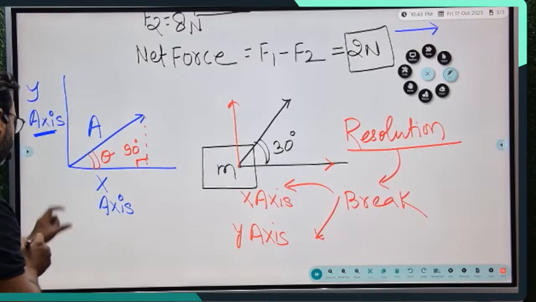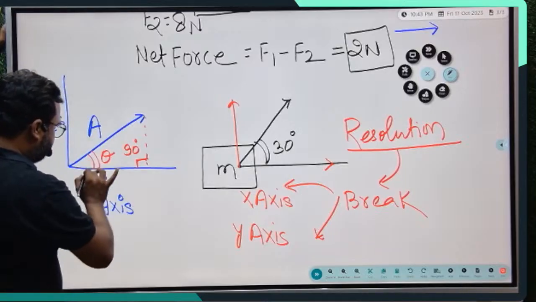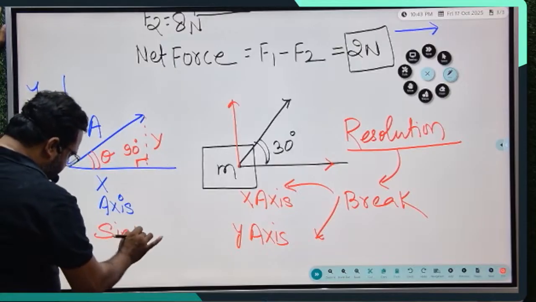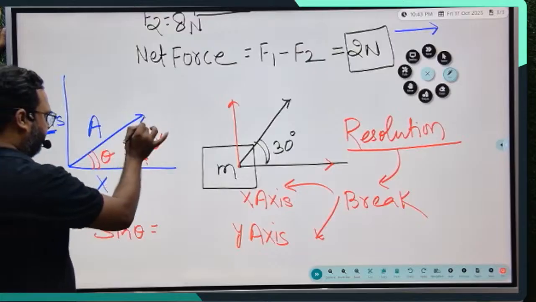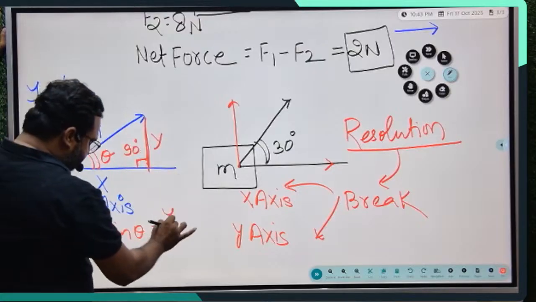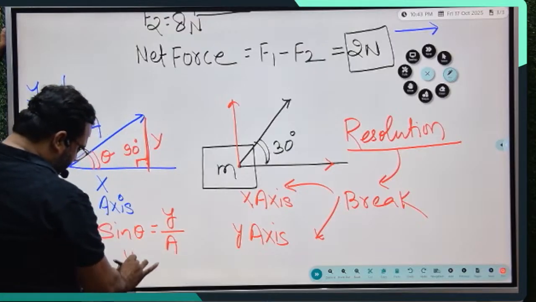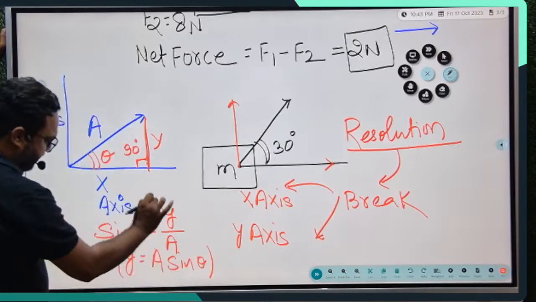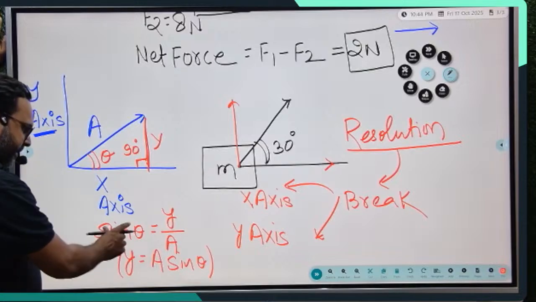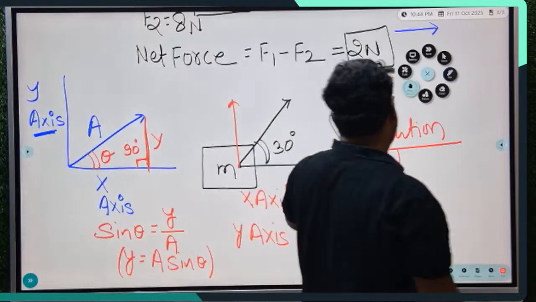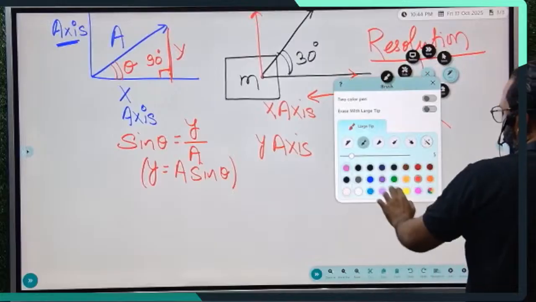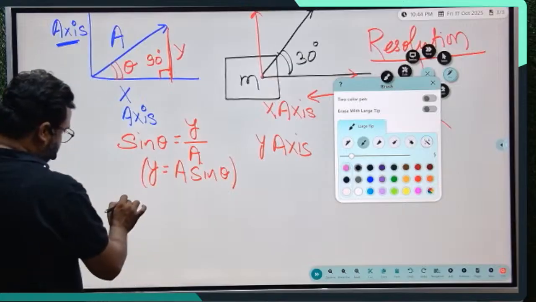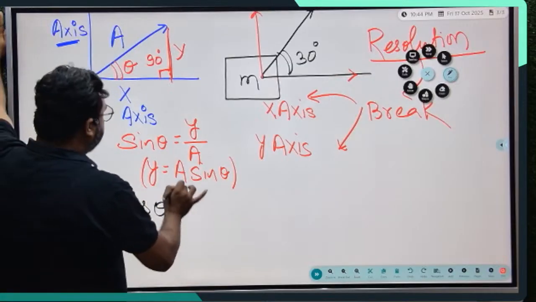Now, apply the formula. First apply sin theta. Sin theta is perpendicular over hypotenuse. So what is perpendicular? Y. Hypotenuse is A. So y is equal to A sin theta. If I apply cos theta, cos theta is base upon hypotenuse.